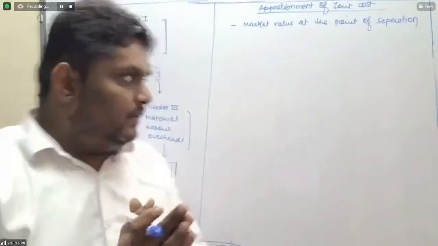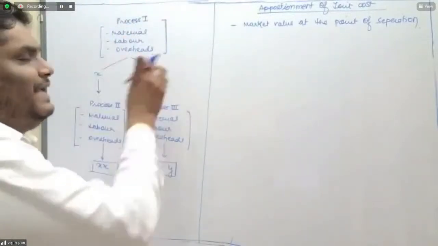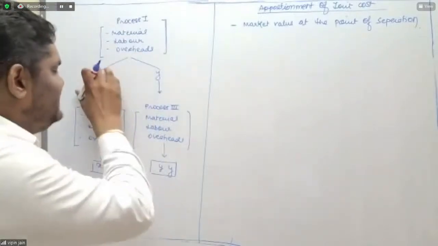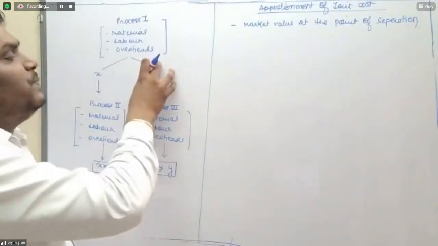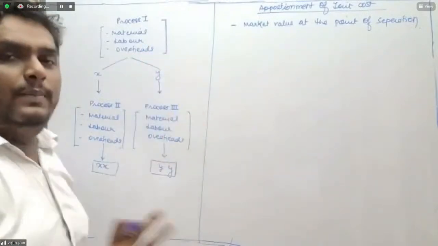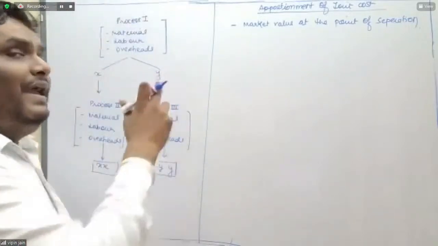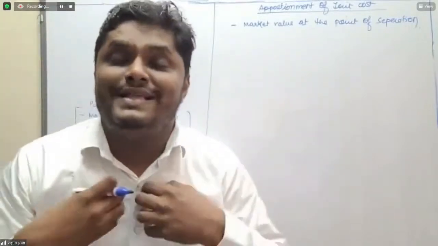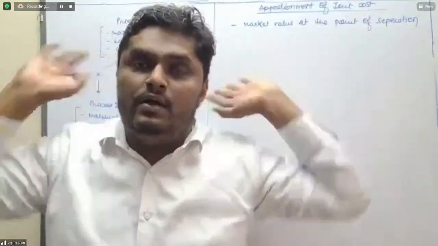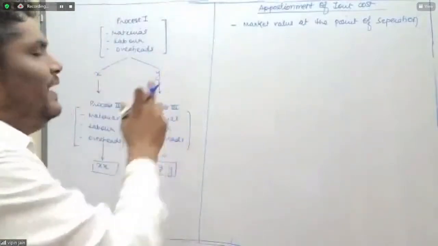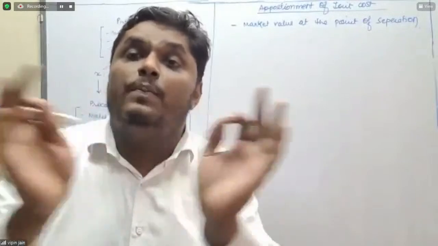Now, guys, from process first, two products emerge, let's say X and Y. X is processed further in process second to get double X, and Y is processed further to get double Y. But let's say X and Y have an active market. Even if we are not selling, some of our competitors are selling these products, so the market value of X and Y is available with us. So it's very easy to apportion the joint cost.